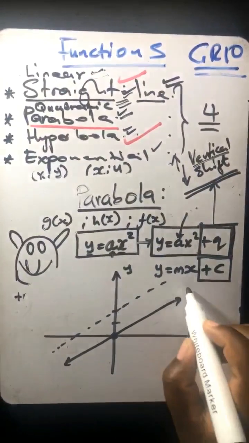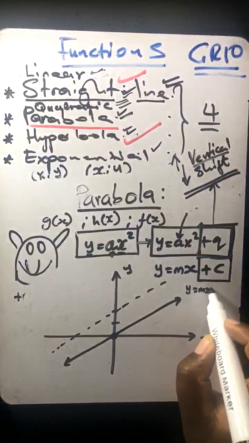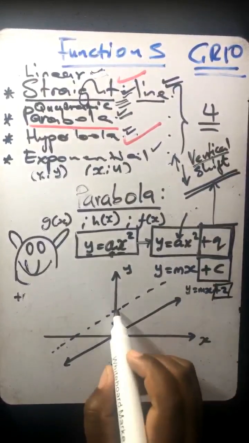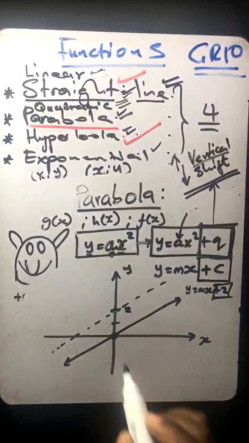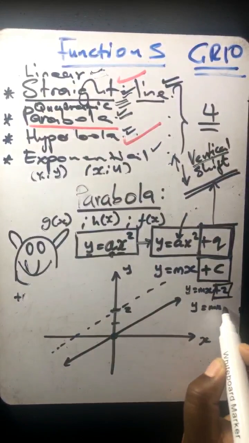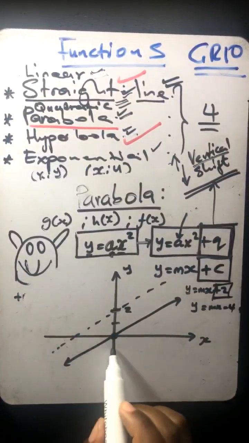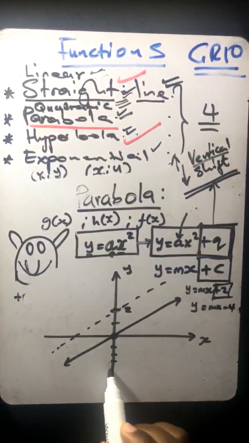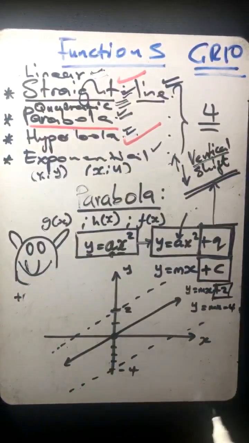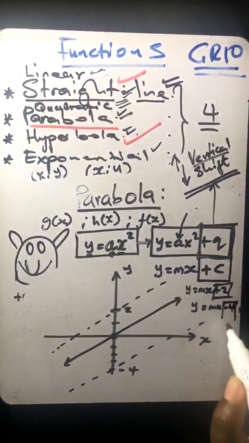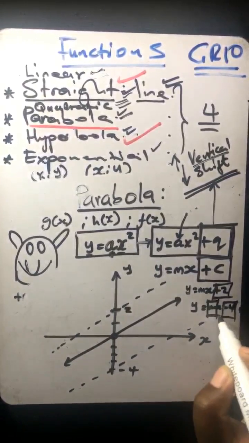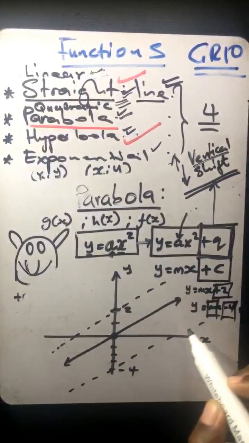That is why this is going to be y is equal to whatever m, then plus 2. That plus 2 means it shifted 2 units upwards from the origin. If it was y is equal to whatever m, maybe minus 4, it's going to pass there at negative 4. That is the impact of the vertical shift. And then that of the gradient is, if it's like that, we know it's a positive gradient.